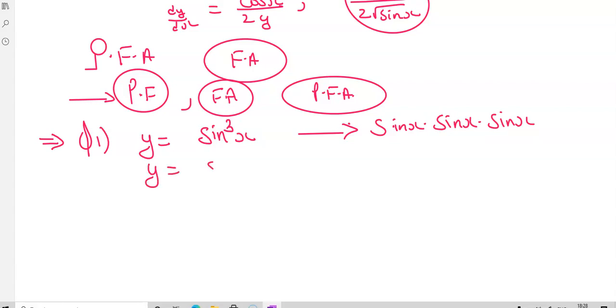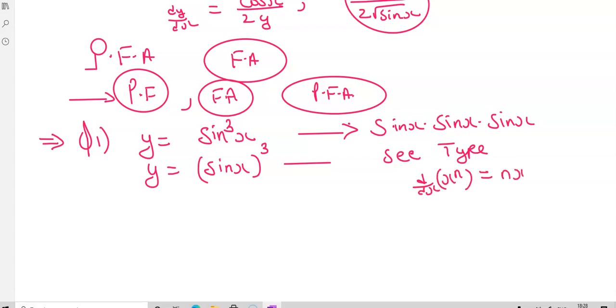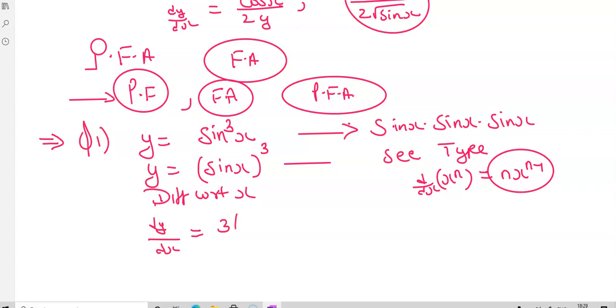Now this is a cube of my trigonometric ratio. First of all, I have to see it is of type d by dx of x to the power n. So once I differentiate this with respect to x, it is dy by dx, 3 sine square x.